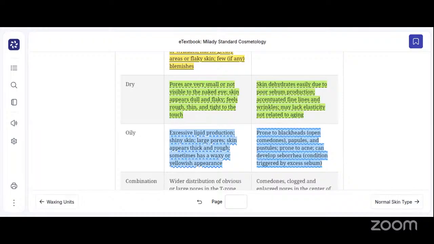There are many different grades of acne. Can develop seborrhea, a condition triggered by excessive sebum. And now we're talking compact particles on the hair, on the scalp, around the hairline, in different areas of the skin. Compact particle just means a buildup. It gives you this waxy buildup on the skin.